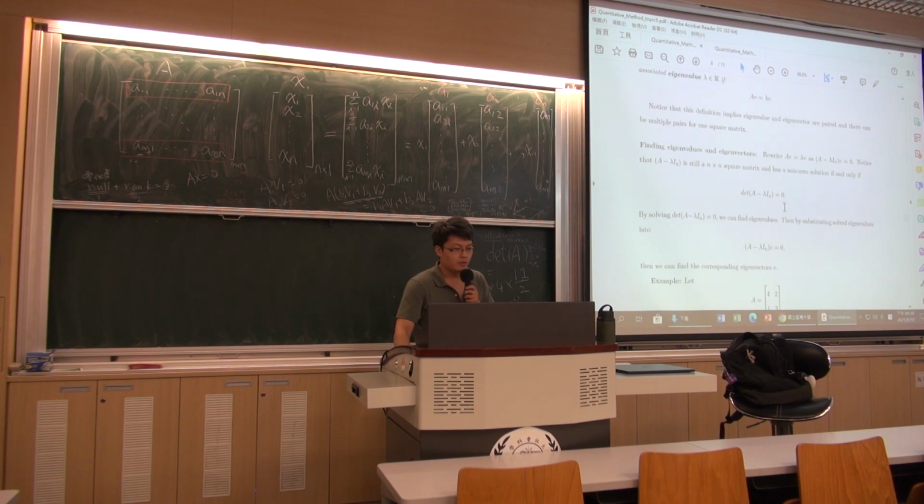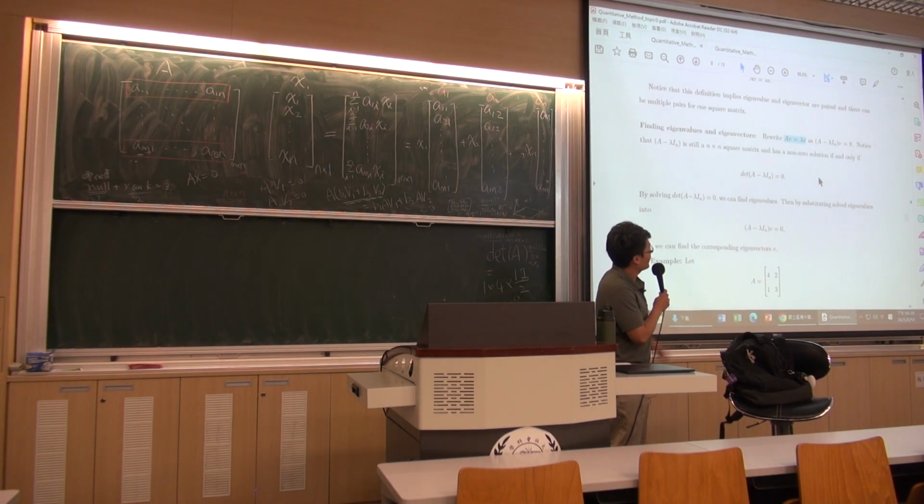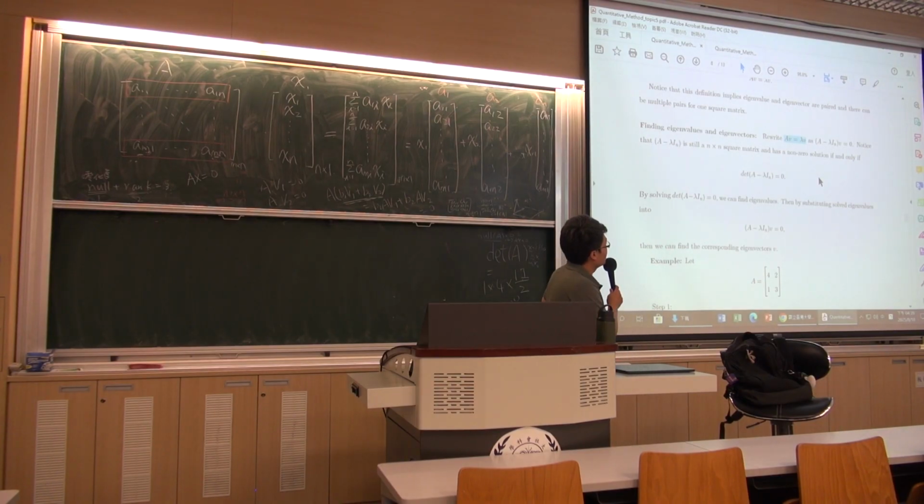Follow the steps here. We already know by definition, A times the vector v equals lambda times the vector v.